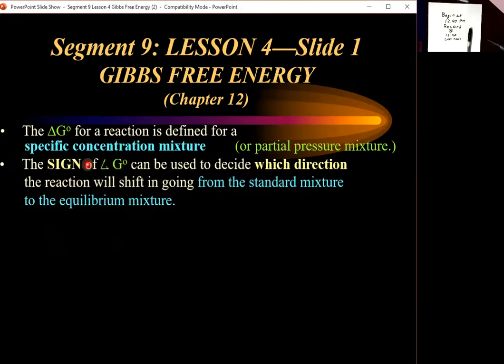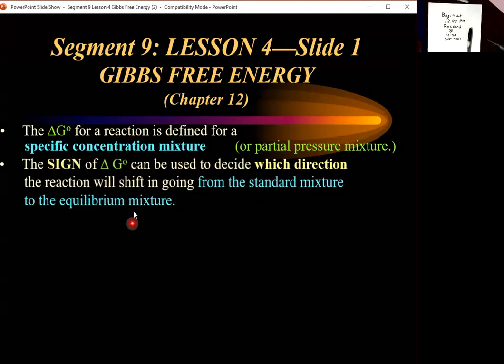Now, the sign of delta G tells us whether a reaction is spontaneous or not. If we're talking about delta G with the superscript, we can use that to decide which direction the reaction will shift in going from the standard state mixture to the equilibrium mixture.